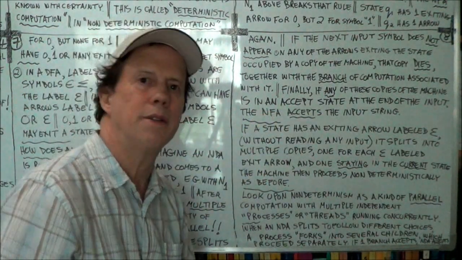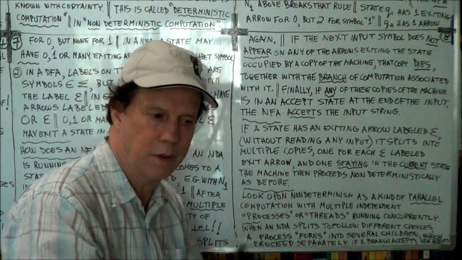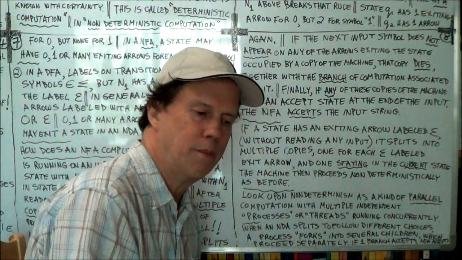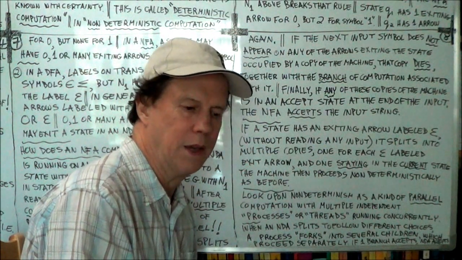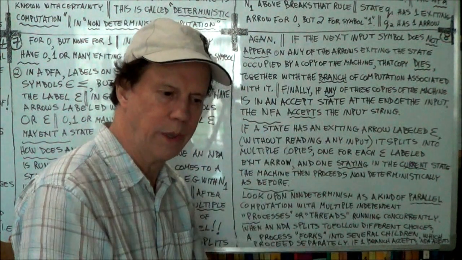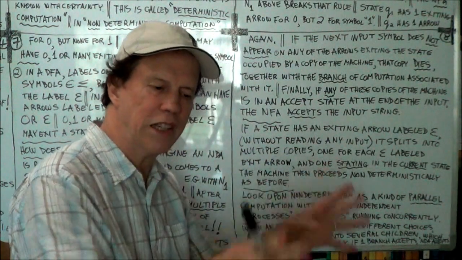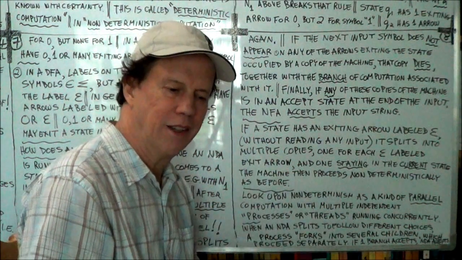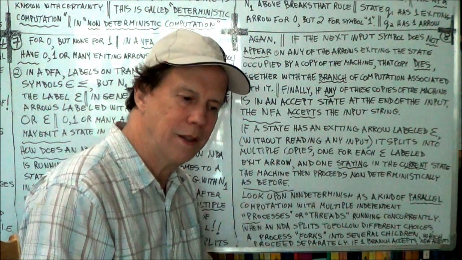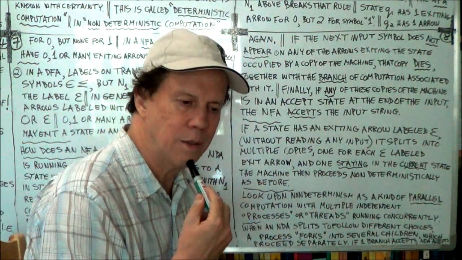Now, how does an NFA itself accept a string? You've got all these splittings, all these forkings going on, and every time there's more than one exiting arrow, a copy is magically made. So how does this magically copying device, this NFA, function? How does it compute?